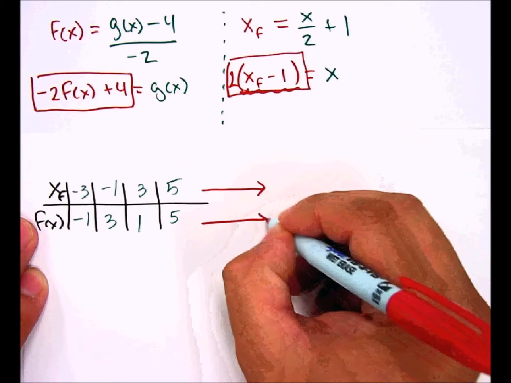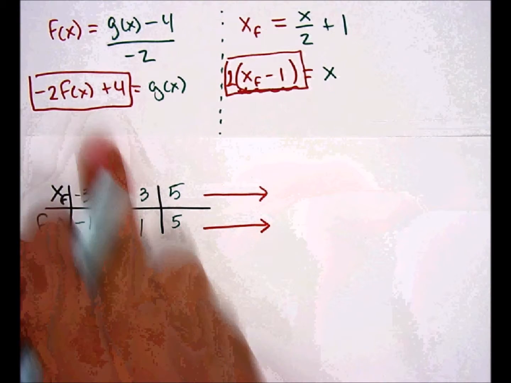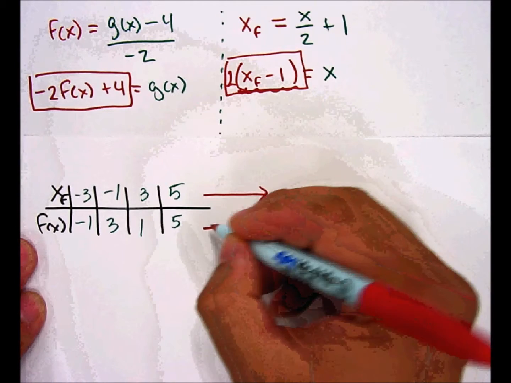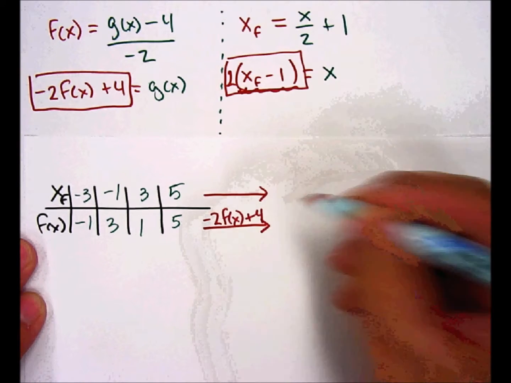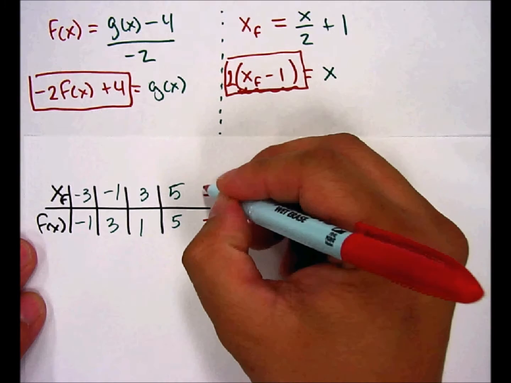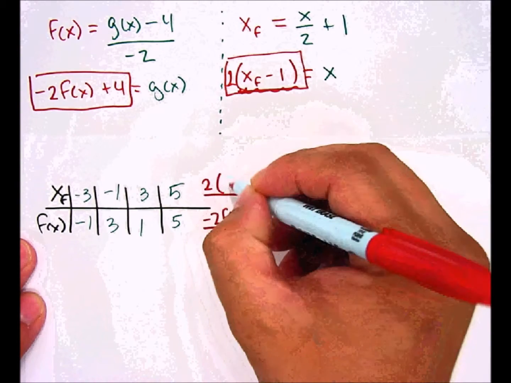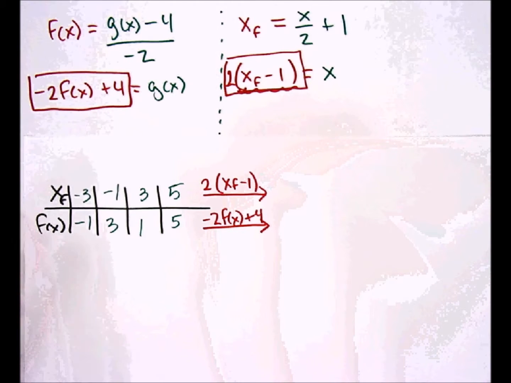So, this tells me that I need to take all of my f's, all of my numbers in my range, multiply them by -2, and then add 4. On top, I will take all of my numbers in my domain. I will first subtract 1, then I will multiply them all by 2.